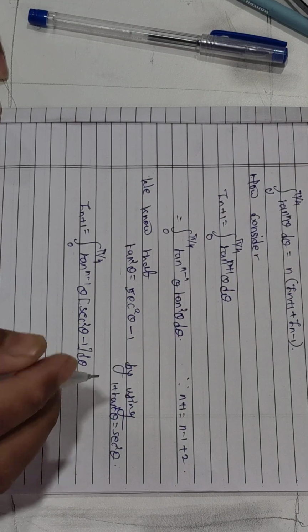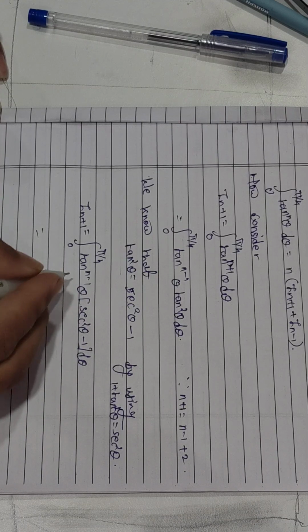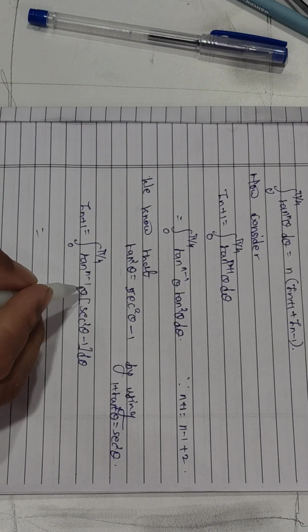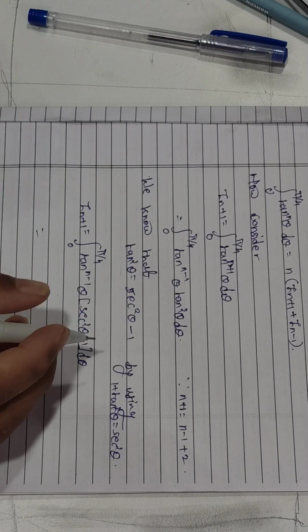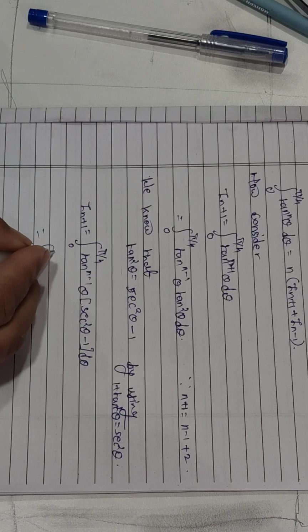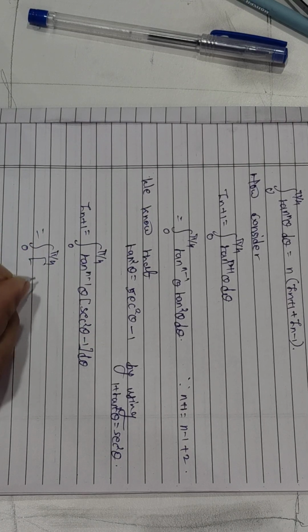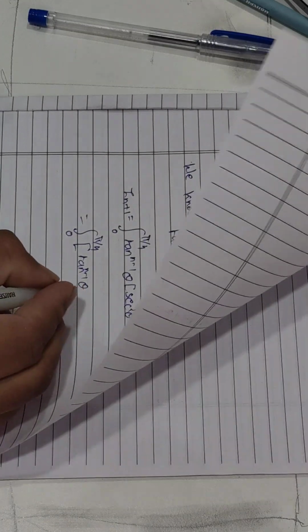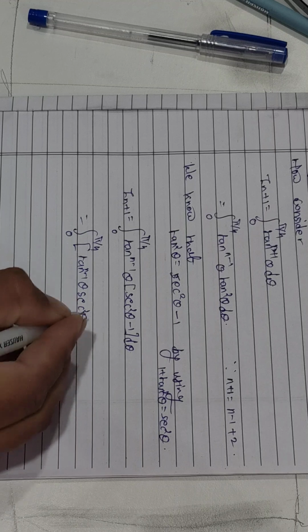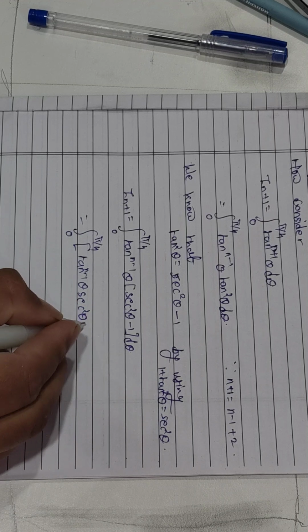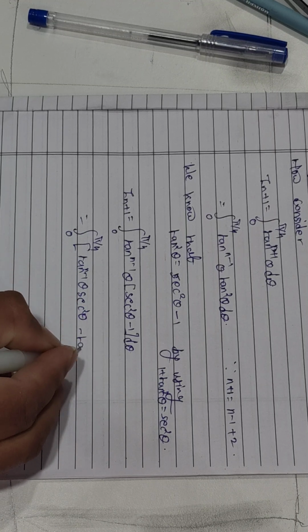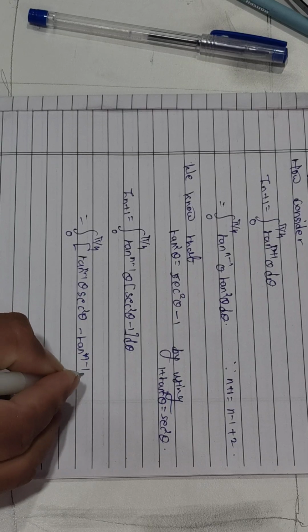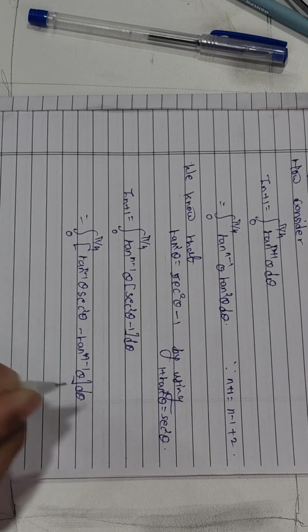and d theta. Now multiply tan raised to n minus 1 theta to the bracket term. We get integration of tan raised to n minus 1 theta into sec square theta minus tan raised to n minus 1 theta d theta.